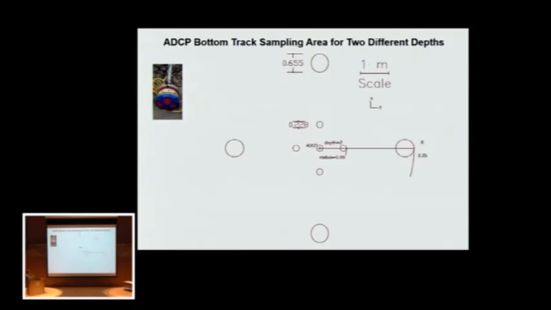So the diameter of this sampling area is close to 2 meters. If you have an 8-meter depth, this is the circle, and the diameter of that circle is, again, close to 8 meters, 7.5 in this case. It, of course, depends on the angle of the beams coming out from the ADCP.